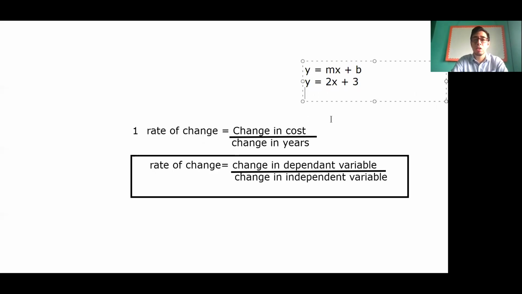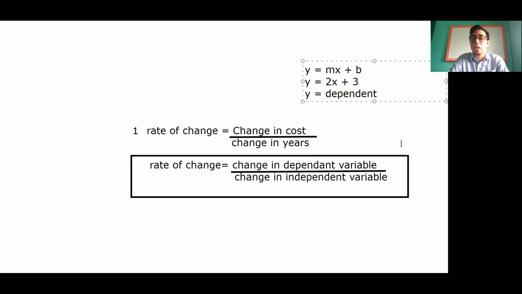Remember, we studied about this in the first topic from this section. The dependent variable in this case is going to be y, because y is the dependent variable.